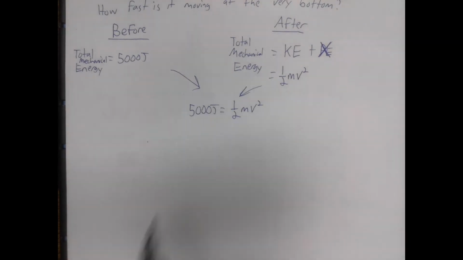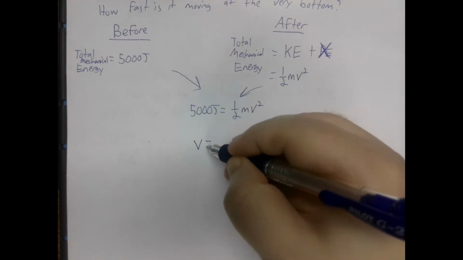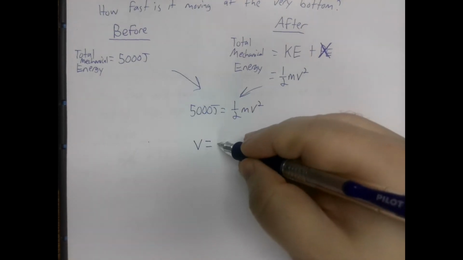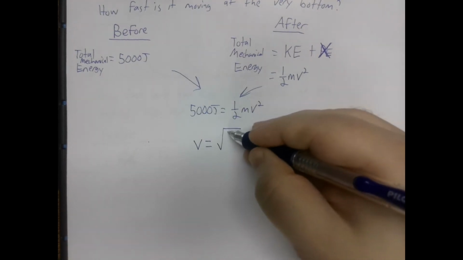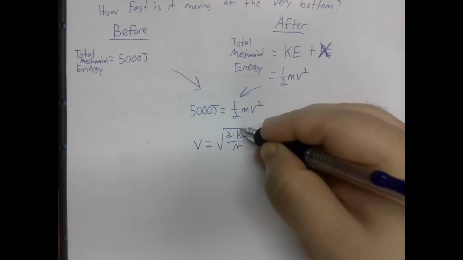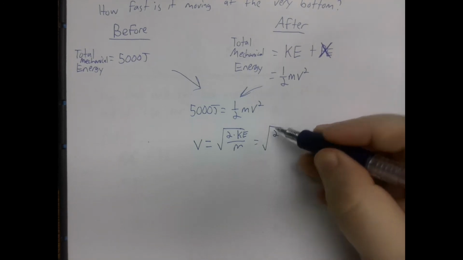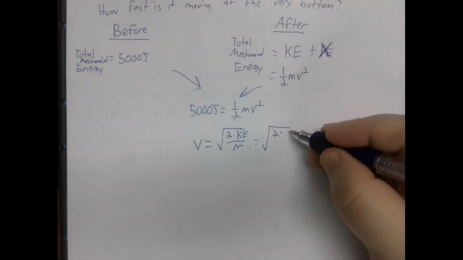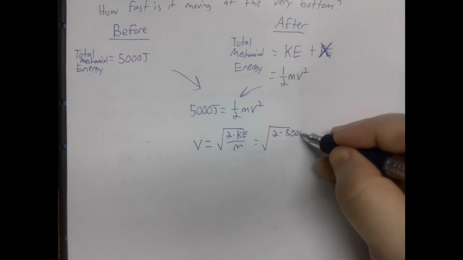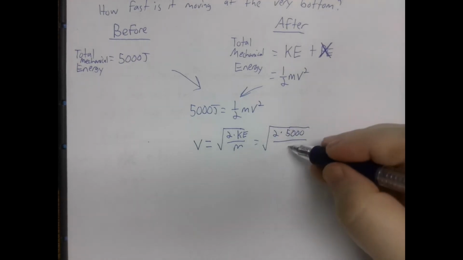And this is the setup for the equation. Looking at the table I gave you yesterday, velocity is equal to the square root of 2 times kinetic energy divided by mass. So the kinetic energy, or the energy, has to be 5,000. Its mass was 50.